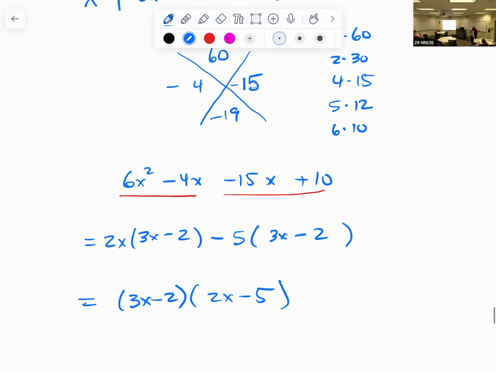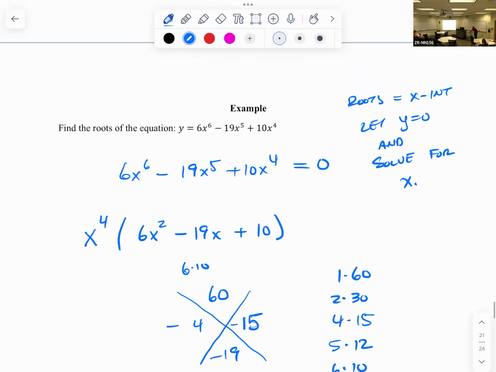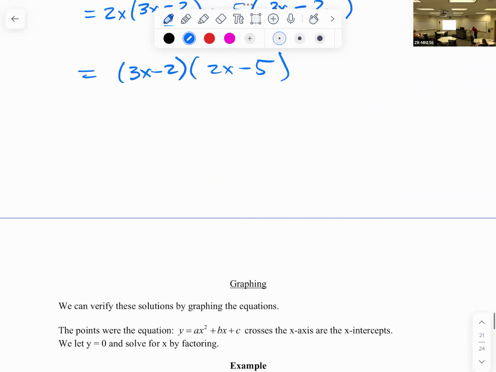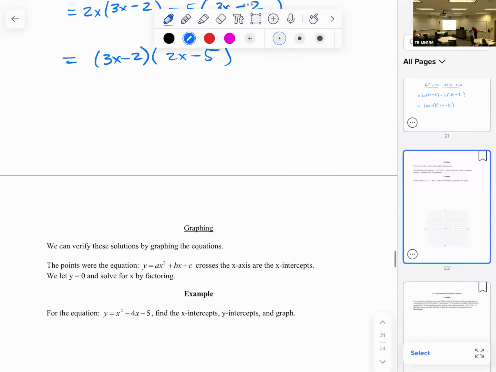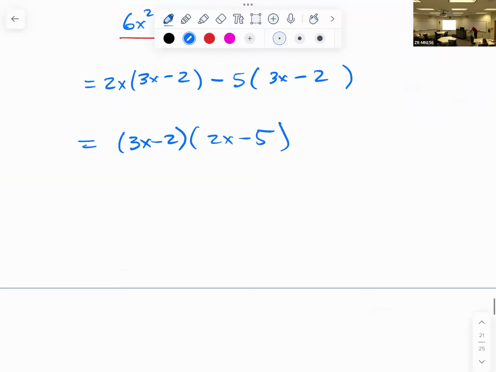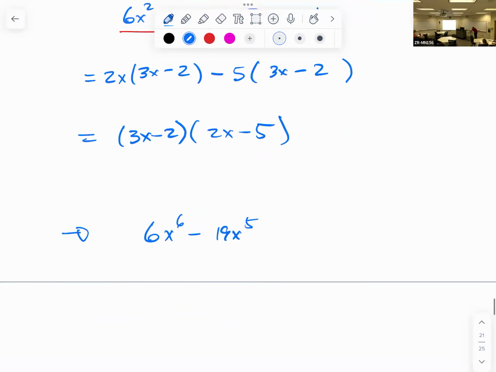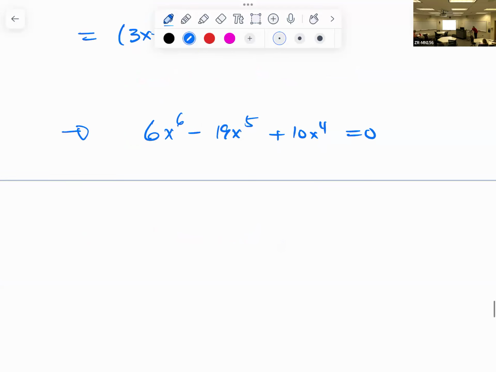Now let's put it all back. All this was just factoring. Now what we're actually doing was solving the equation. So back to our equation. Okay, we could rewrite it up, 6x. We're going to bring that all down.